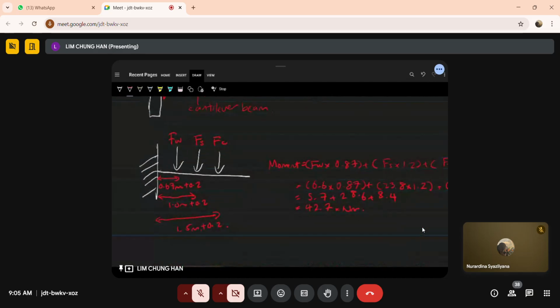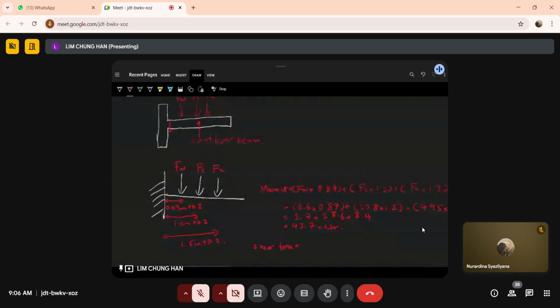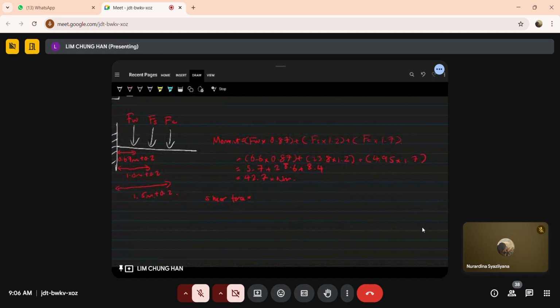So the shear force is Fw plus Fs plus Fc, which is 6.6 plus 23.8 plus 4.95, 35.35, so 35.4. There. You have a moment, you have a shear force.